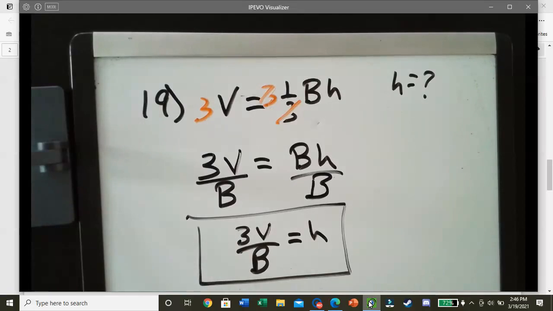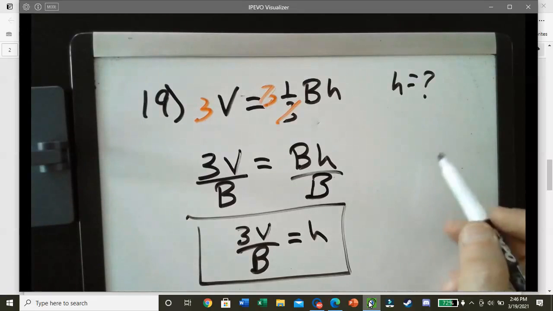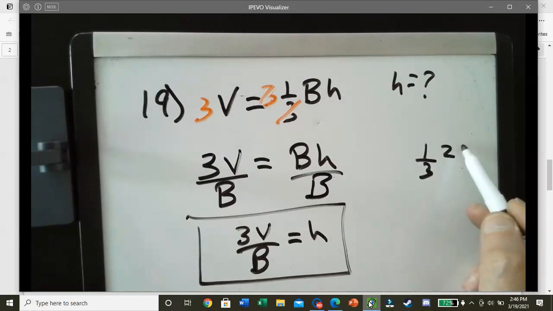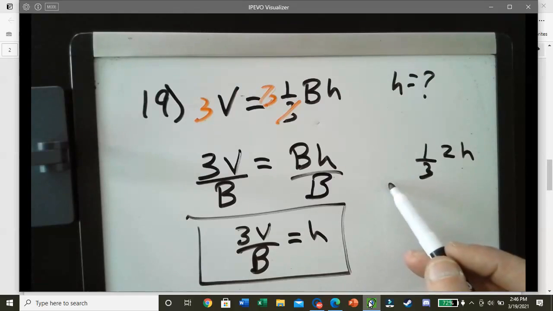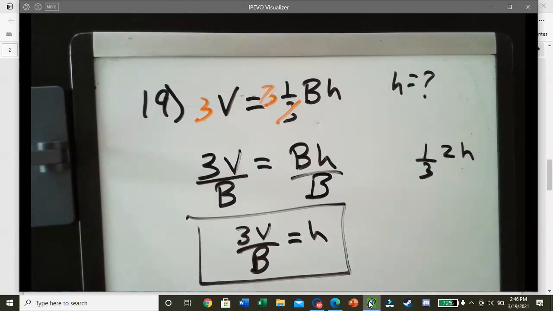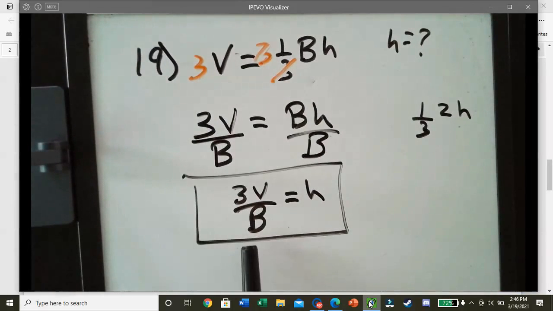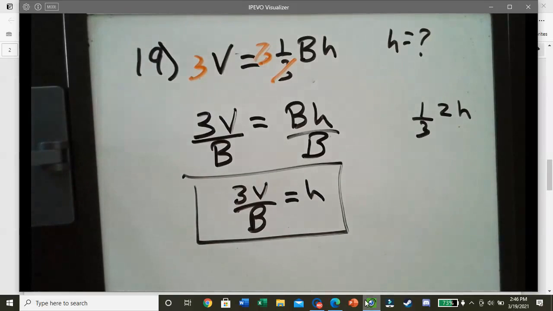It's the same thing as if we had 1/3 times 2 times H. We multiply by the 3 and then divide by the 2. So the process is the same with literal equations as it is with numbers. If you're not sure, substitute numbers for the letters and then work it from there.